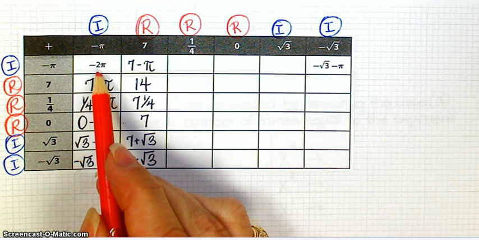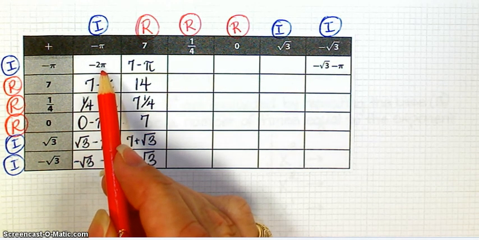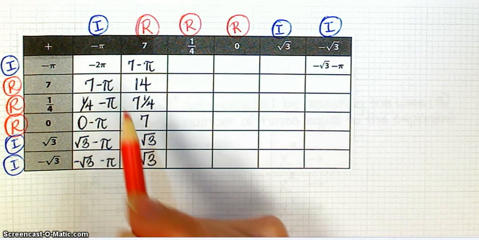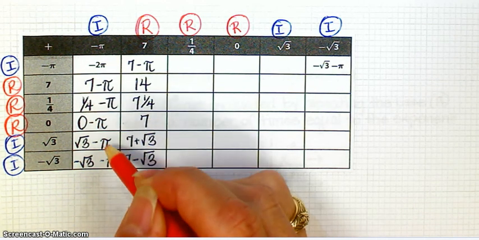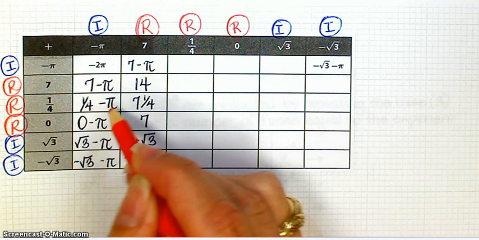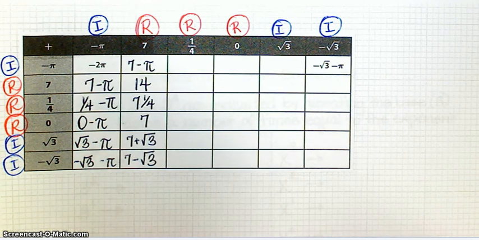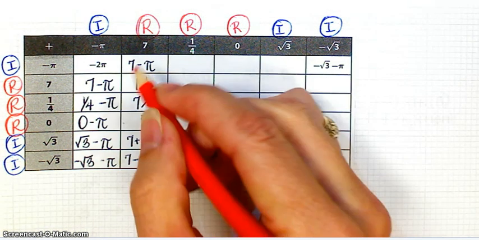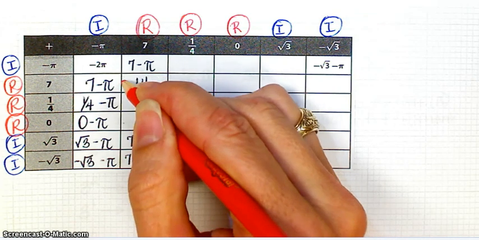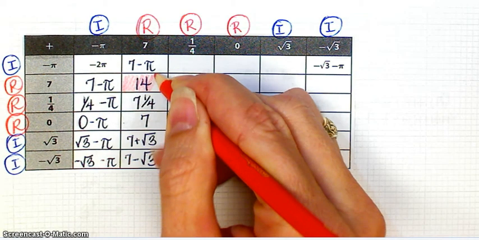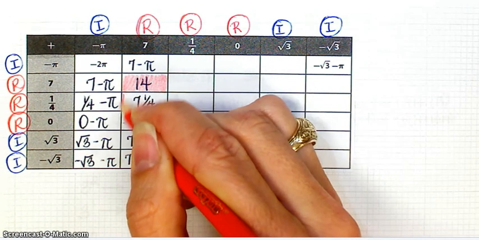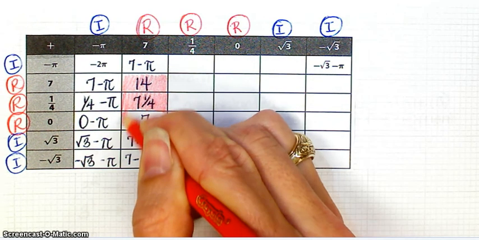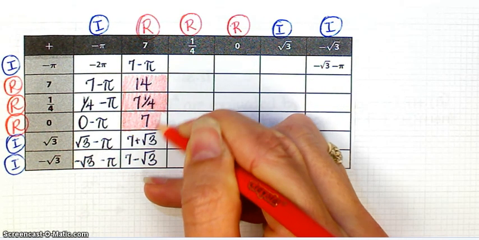Okay, when you combine these, that is going to be irrational, so I'm going to leave that and color it blue in a minute. And all of these involve pi, and pi is irrational, so when I'm adding or subtracting with pi, that's all going to be irrational. Okay, 7 minus pi, that's irrational, but this one, 7 plus 7, that's rational, that's 14. 7 plus a fourth, that's rational, 7 1/4. 7 plus 0, that's rational also.